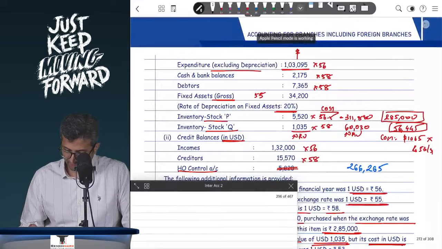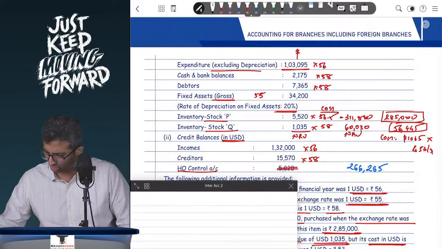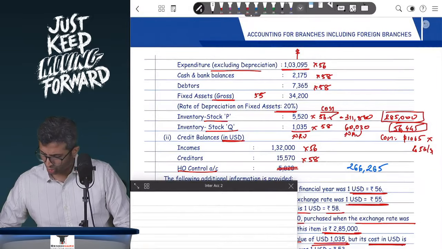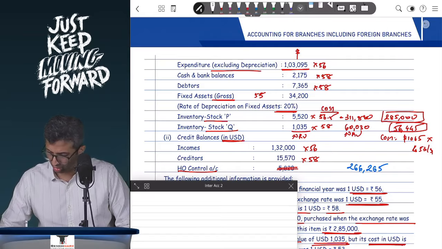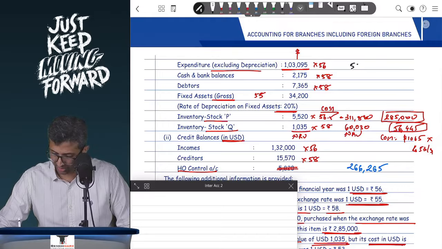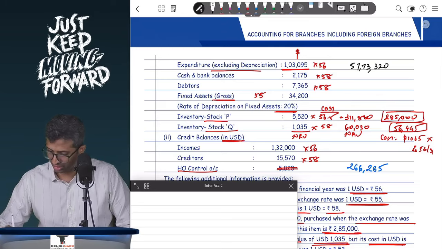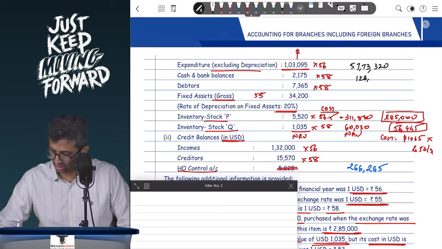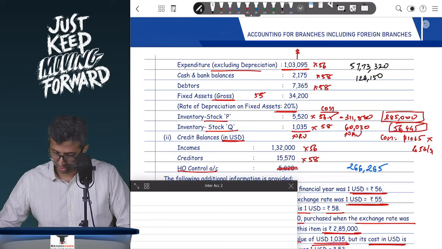First you will have expenses. 103,095 into 56 comes to a big 57 lakh 73,320. Cash and bank balance 2175 into 58, 126,150. Debtors 7365 into 58, 427,170.